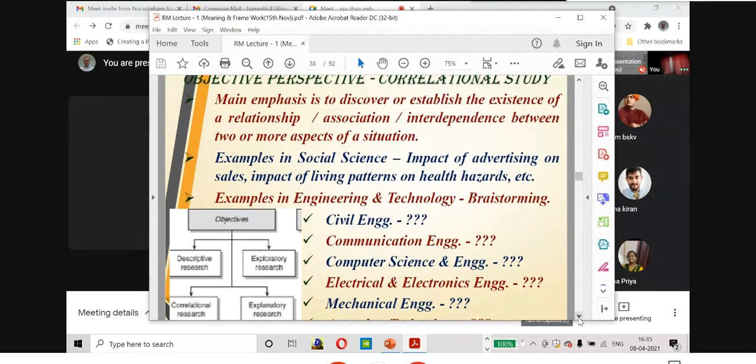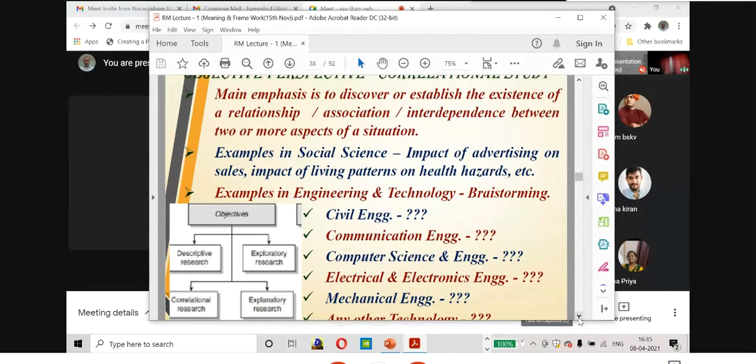Then correlational study. Now in a correlational study, your objective is to correlate two happenings, two things. The main emphasis is to discover or establish the existence of a relationship, association or interdependence between two or more aspects of a situation. So there is some system or something has happened.